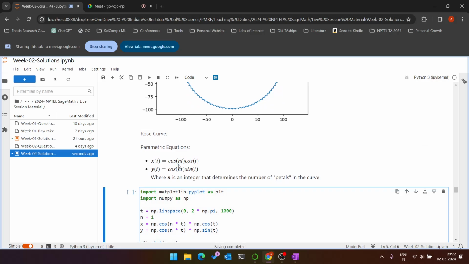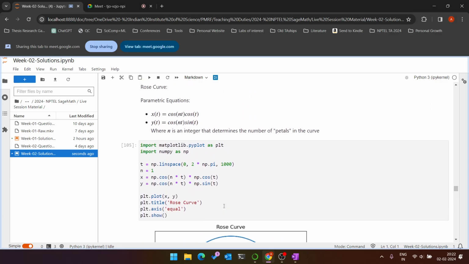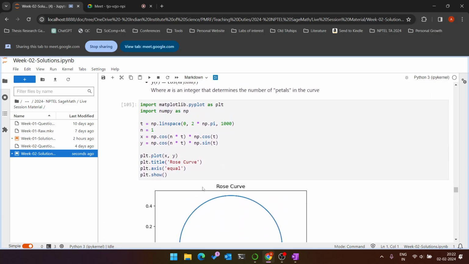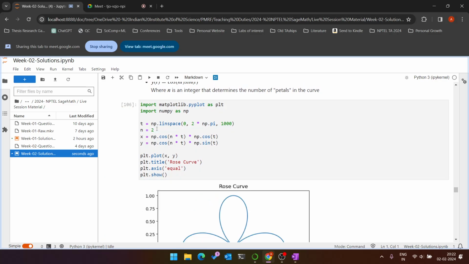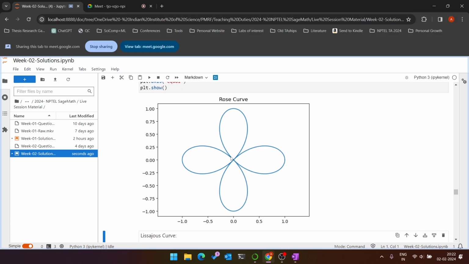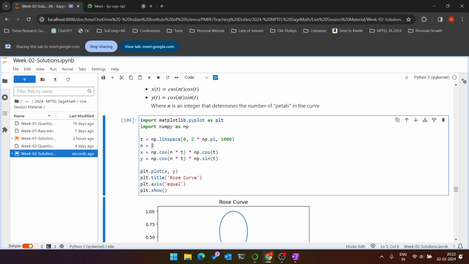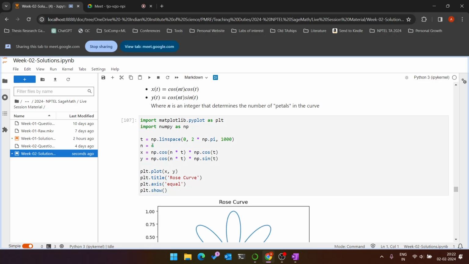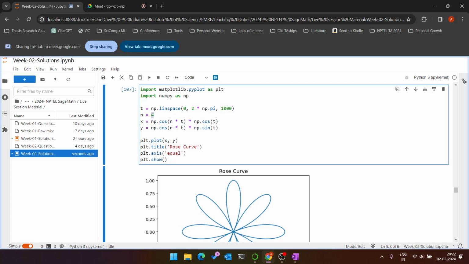What do you expect? You expect cos square t and cos t sine t, so it ends up being a circle again. If I change it to 2, I get 2 petals. So this is my first horizontal petal, this is my second vertical petal. If I change this to say 4, I'm getting a nice pattern here. Changing this to 6.